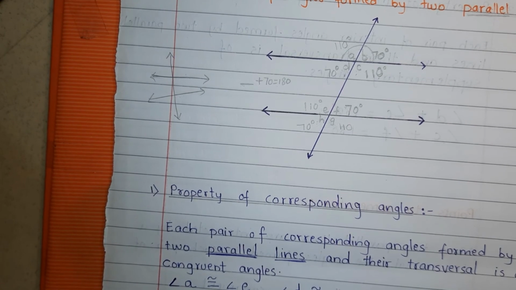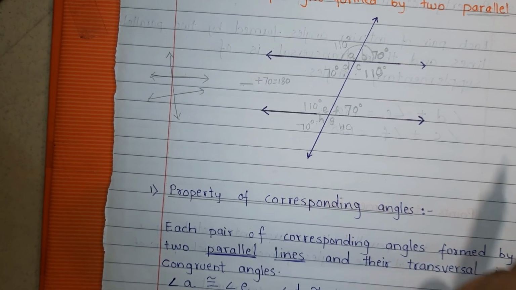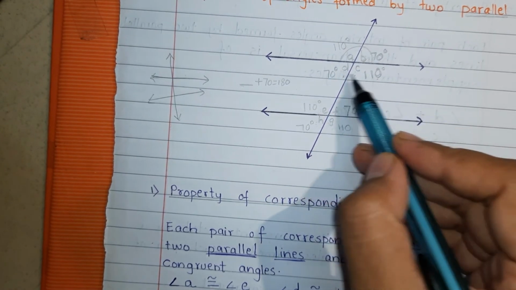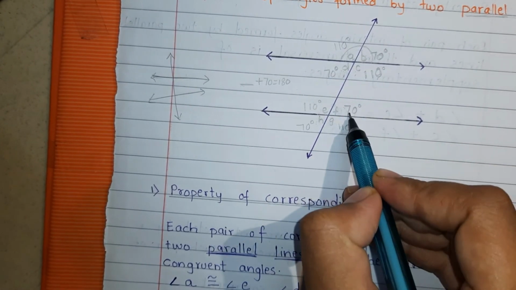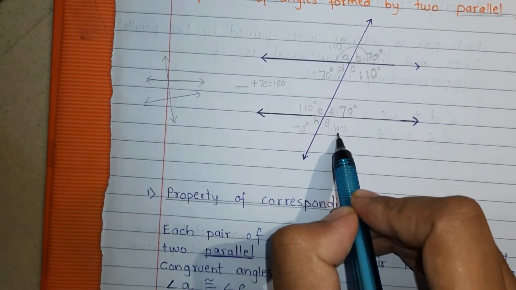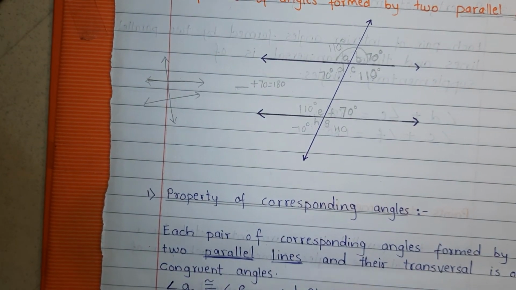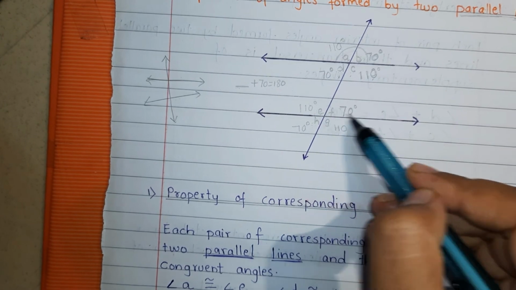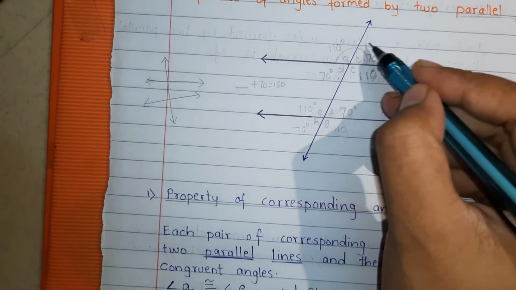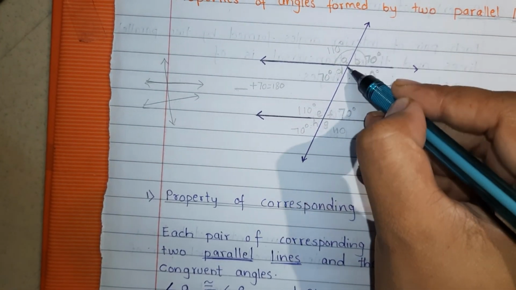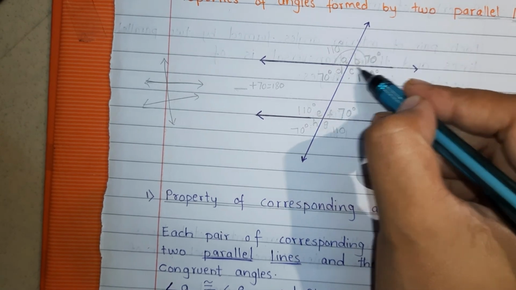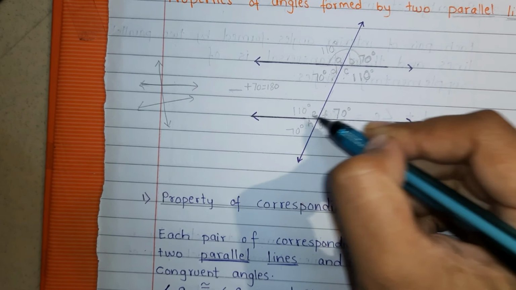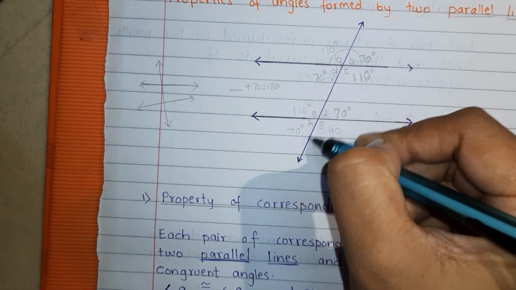And one more thing you should observe, that only 2 numbers are there. 70, 110, 70, 110, 70, 110, 70, 110. So what does it mean? All the acute angles. See here, 4 acute angles are there. Acute means less than 90. This is acute angle, this is acute angle, and this one is also acute angle.